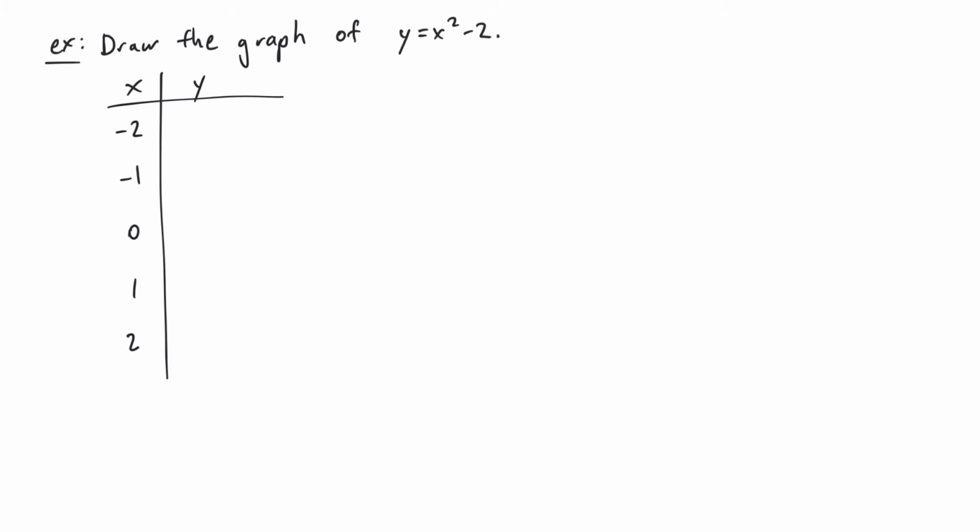So, for example, when x is -2, we plug that into the equation to get y equals (-2) squared minus 2. Simplifying that equation, we get y equals 4 minus 2, which is 2. So this gives us our first point, -2, 2.